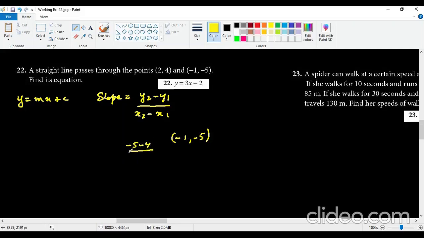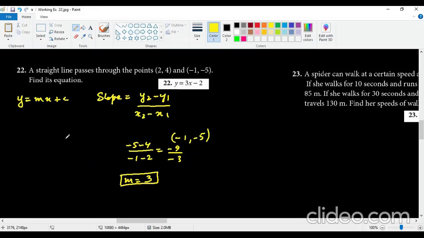So this is going to give us negative 9 over negative 3. That means your m is equal to positive 3. The slope is 3.